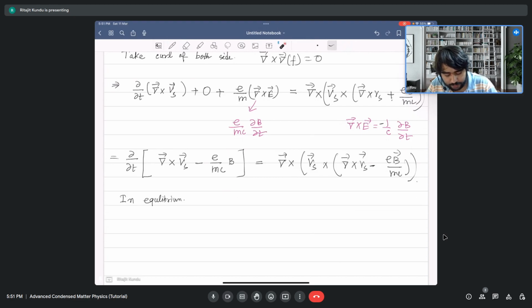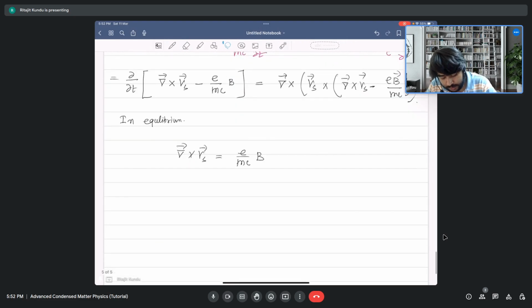So in equilibrium, this is actually 0. So grad of curl of Vs is given by E by MC times B. Okay, so if that is the case, then this equation is satisfied. This is a simple assumption. In equilibrium, this is what happens.